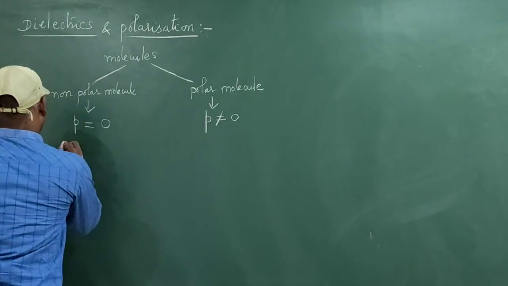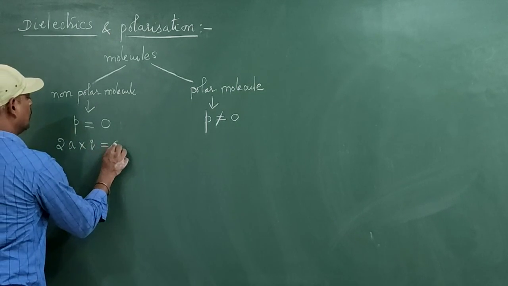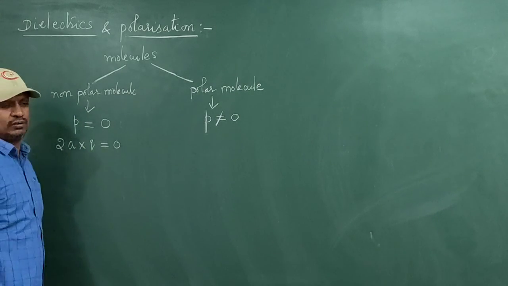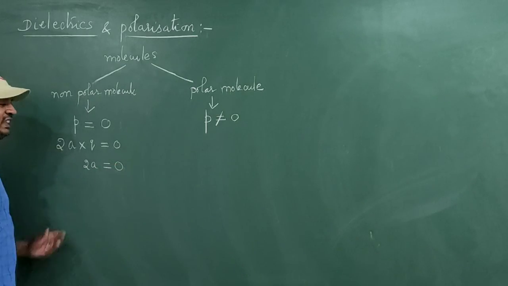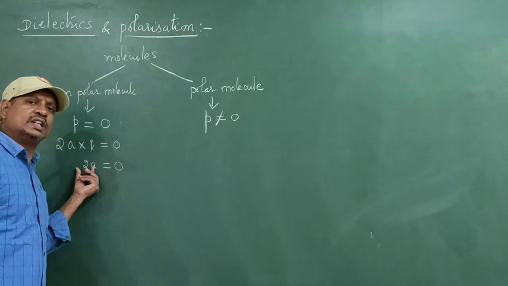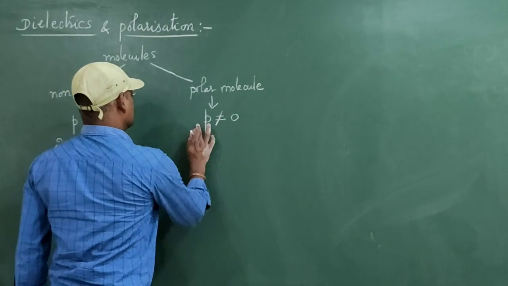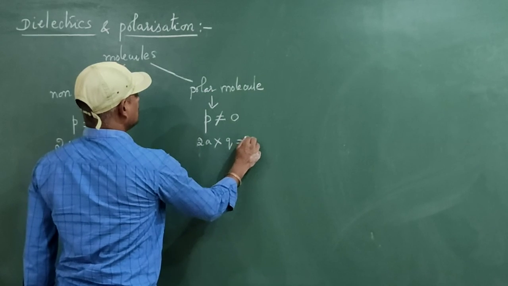So 2a into q is equal to 0. If q is equal to 0, there is no question of charge at all. So q has to be 0, 2a has to be 0. That means the distance between the positive charge and negative charge must be 0. In the polar case, the dipole moment is not 0. 2a into q is equal to the dipole moment.